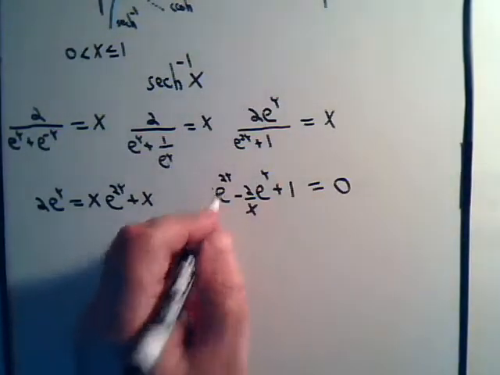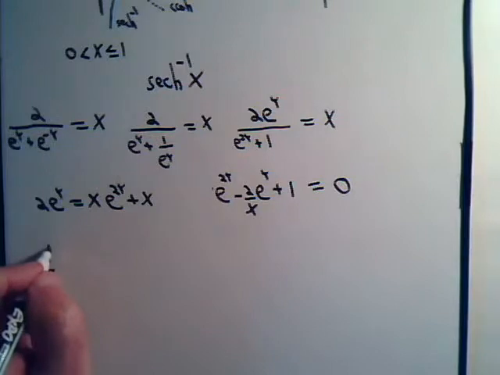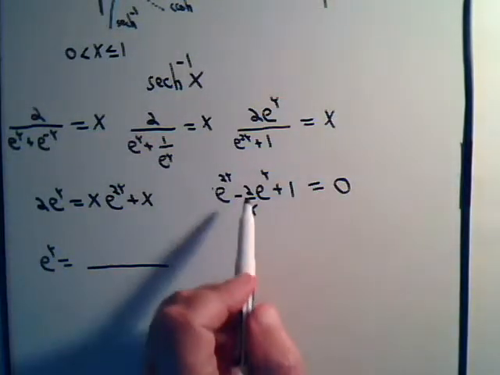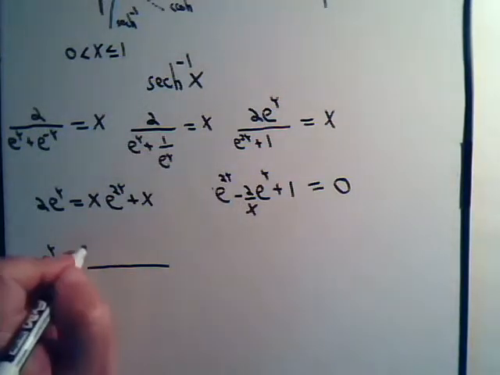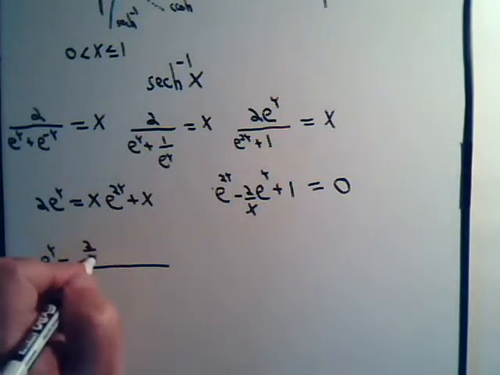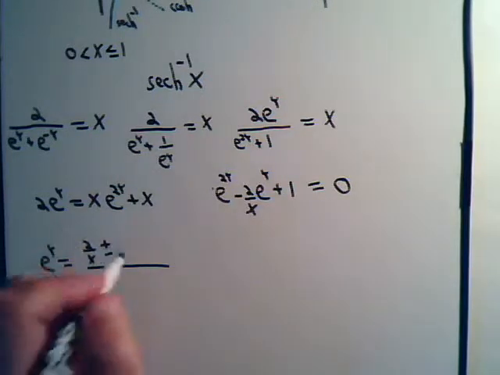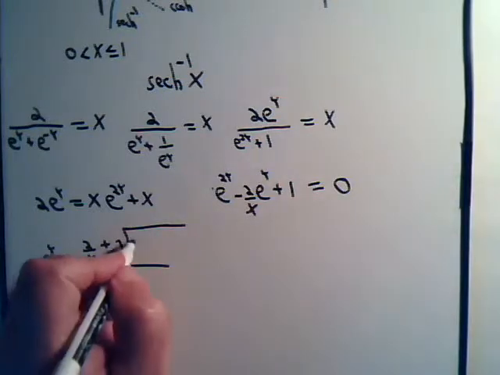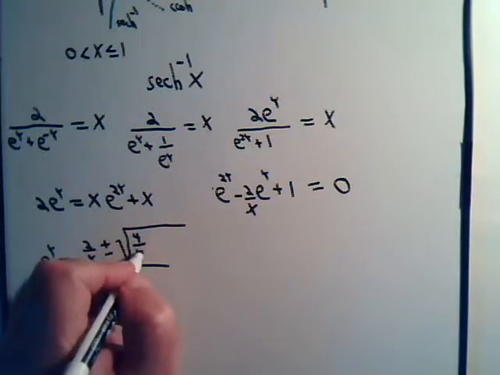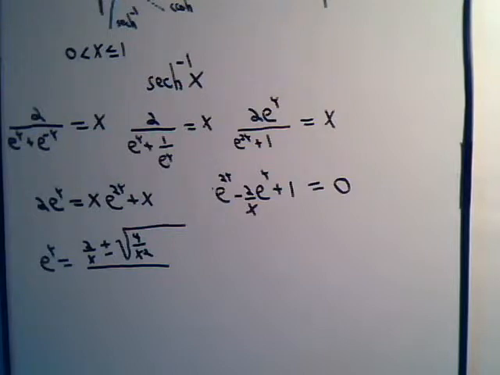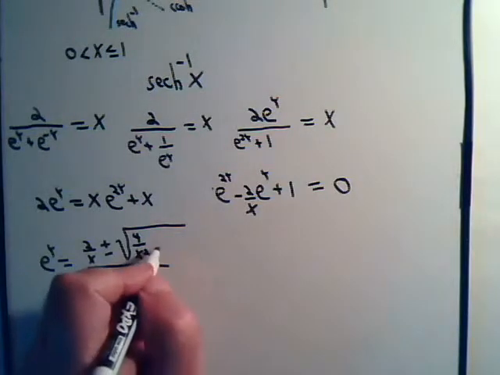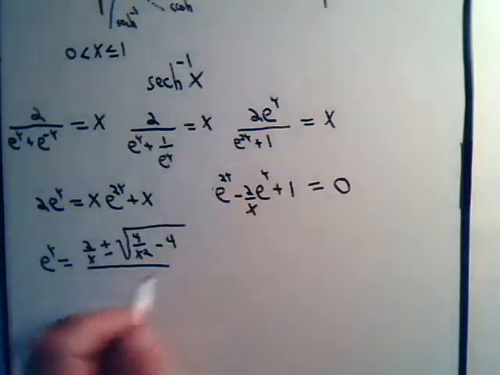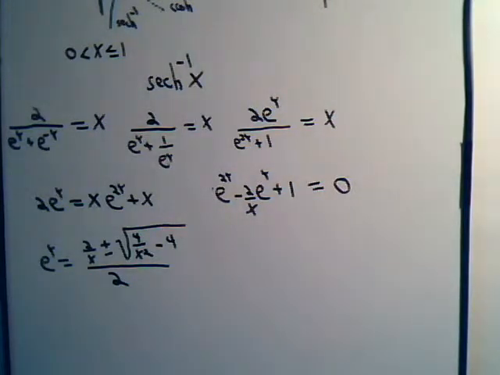e to the y equals minus b, which would be plus 2 over x, plus or minus the square root of b squared, that's 4 over x squared, minus 4ac, so it looks like this is going to be minus 4, divided by 2 times a, that's just 2.